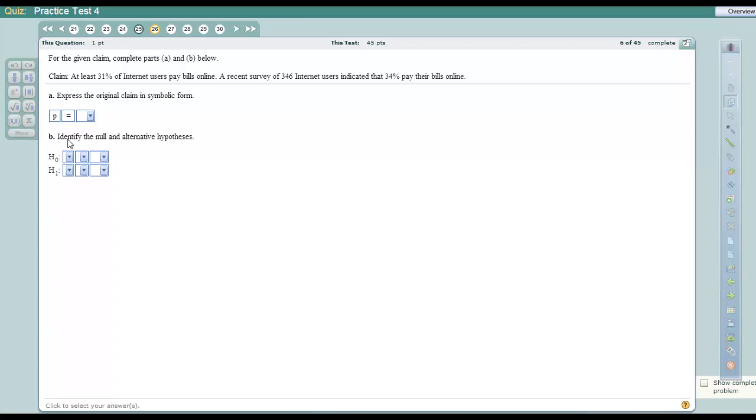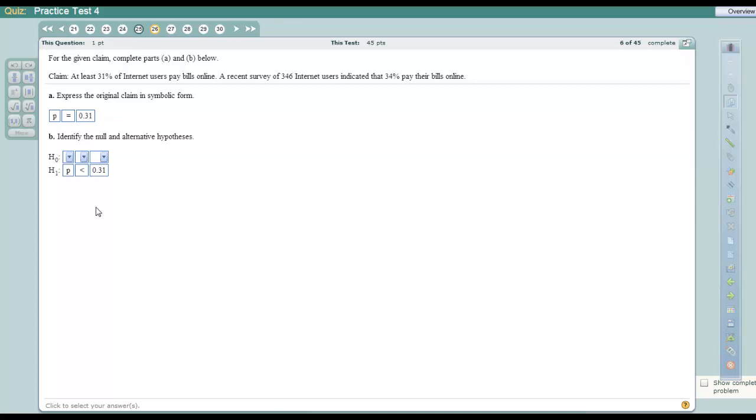Whether we say greater than or equal to 0.31 or equal to, when we do it in the test, it still comes out to be 0.31. So just for clarity, in Triola's book, he did all of his null hypotheses as equals to. And then the alternative could be what? Less than. Okay, less than. That would be the opposite of at least. Okay, so that's what I would do.